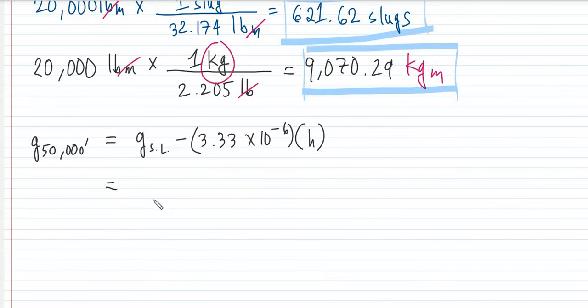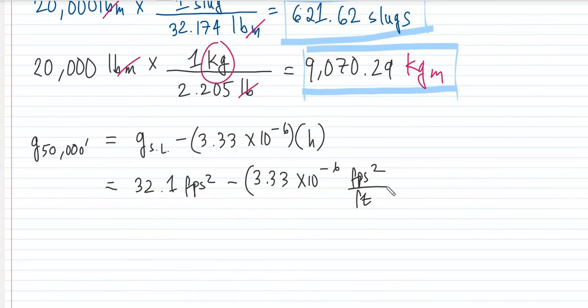So the G at sea level is simply 32.1, that's the given, feet per second square, minus 3.33 times 10 to the negative 6 feet per second square per feet. Okay? So we multiply it by 50,000. We can cancel out feet, so we are just subtracting feet per second square. Both units are in feet per second square.